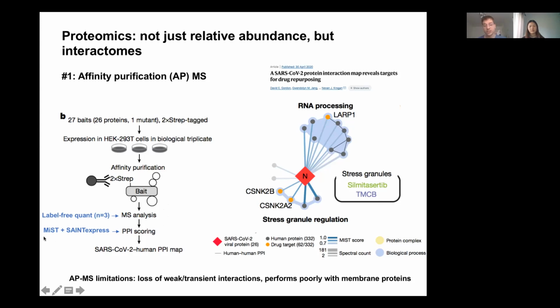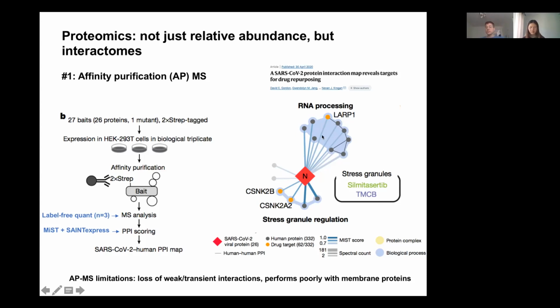They scored the interactions using these two software tools, which are relatively straightforward, but basically look at your treatment and control and give you some stats on what's truly enriched or not. From this, they were able to create a map of what all of these SARS-CoV-2 proteins were binding to in human cells, and made some really nice bioinformatics figures for the SARS-CoV-2 proteins, their human hits and drug targets, and then of course drugs that could be used there.